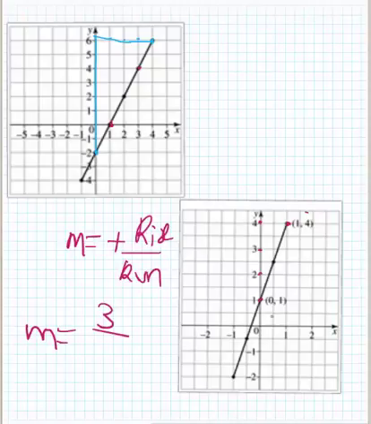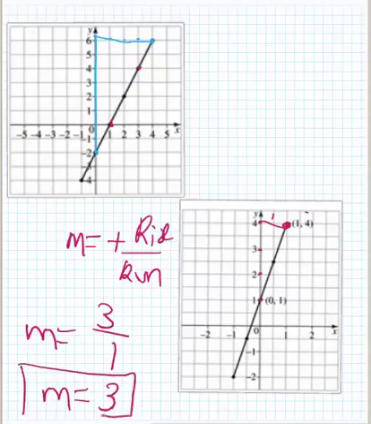Have a look at your x-axis. 1 unit is all the way across. So that is just 1, a run of 1. And we have reached the same point. So m is simply 3 divided by 1, which is 3. And that is the gradient for this line here. So just remember to be careful with your scale. The rise and run makes a triangle shape. Rise and then run. Let's try another one.